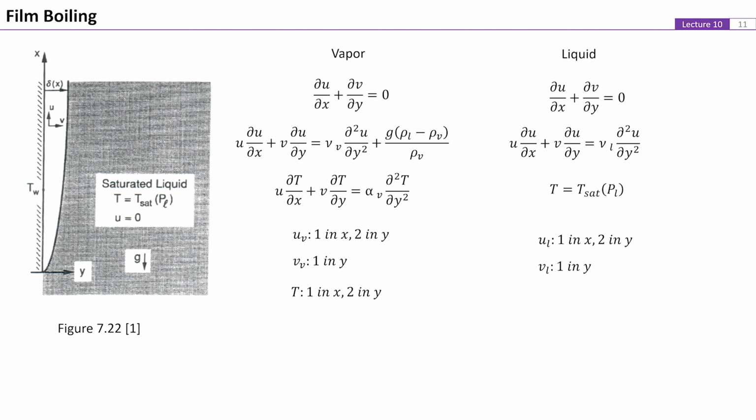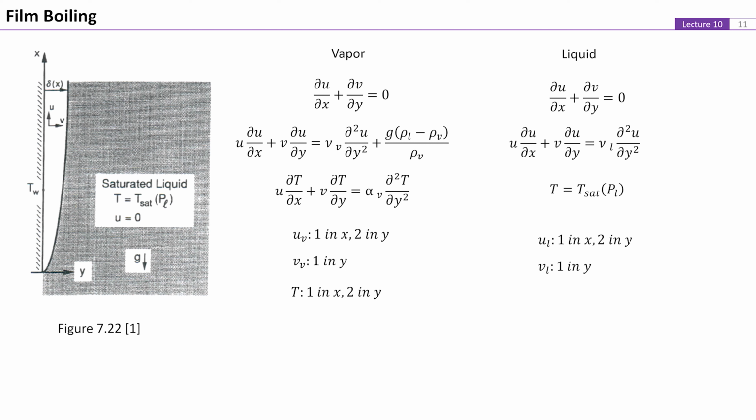The continuity equation in the vapor and the liquid phases corresponds to an incompressible fluid, which is an assumption. The momentum equation in the vapor film is simplified with dimensional analysis. The buoyancy effect is included. In the liquid phase, pressure gradient and the gravity term are assumed to be self-balanced and are neglected from the equation.